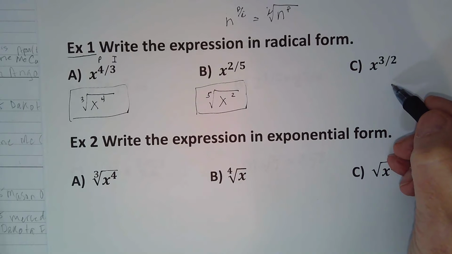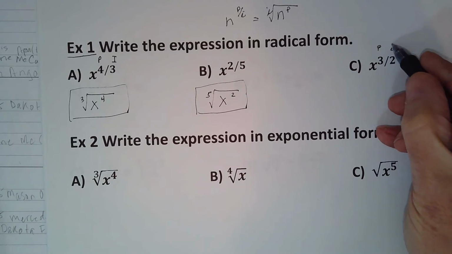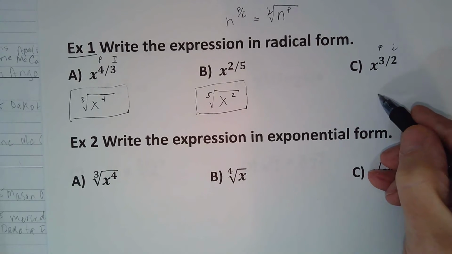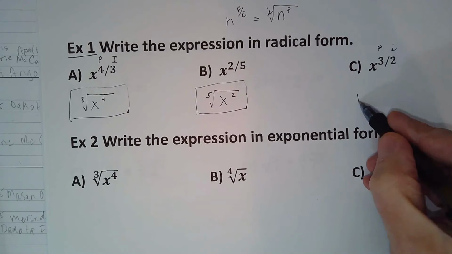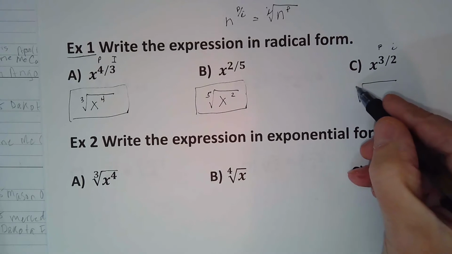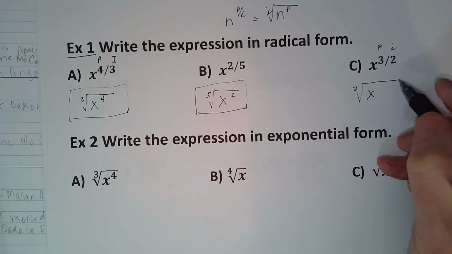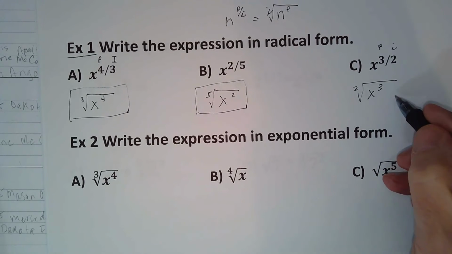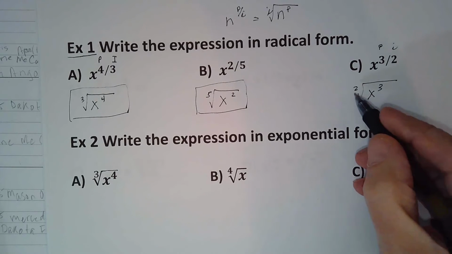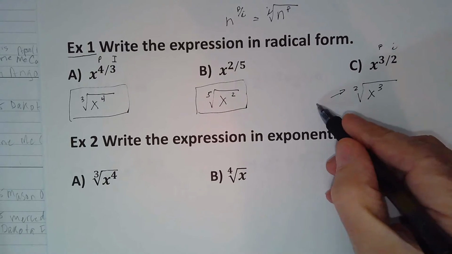So what do we have here? So this is the power. This is the index. If you can't remember it, put it up there. So my index is 2, so I could do it this way. Now, we know that index is 2, and the power is 3. But you should understand, though, that this 2 is really implied. This 2 is always implied.